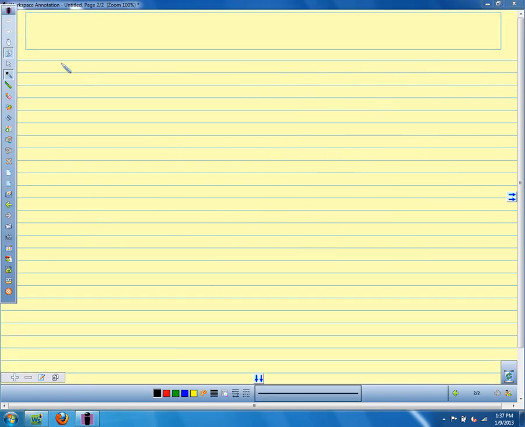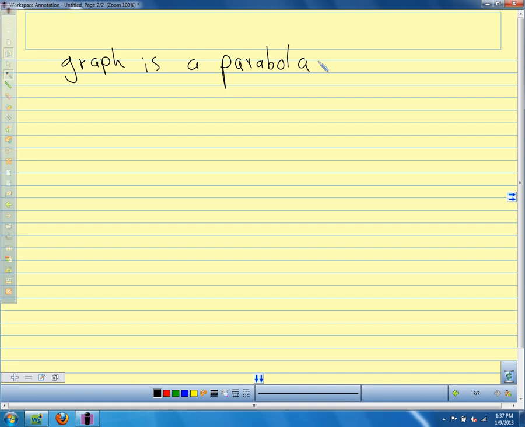Okay, so the graph of a quadratic function is going to be a parabola, always going to be a parabola. I'm going to sketch a quick graph of y equals x squared, to talk about the different parts of our graph.